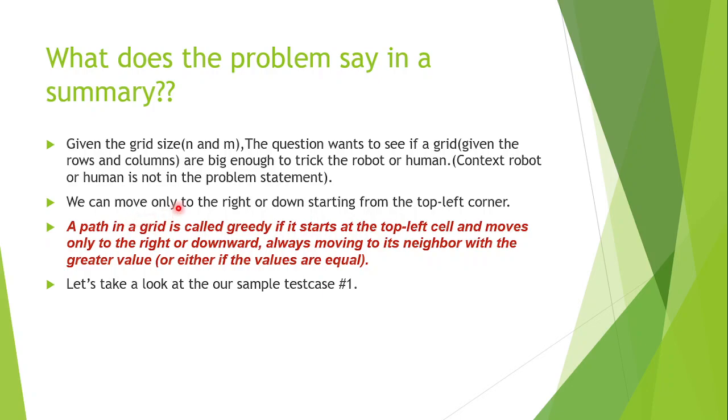We can only move to the right or down, starting from the top left corner, as I showed you. A path in a grid is called greedy if it starts at the top left cell and moves only to the right or downward, always moving to its neighbor with the greater value, or either if the values are equal.